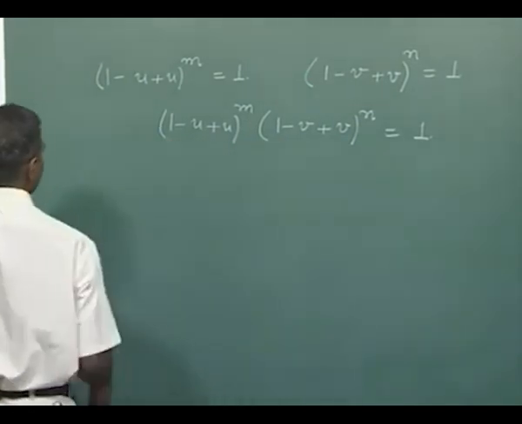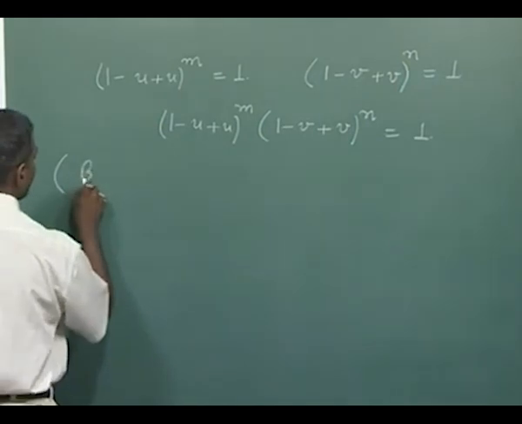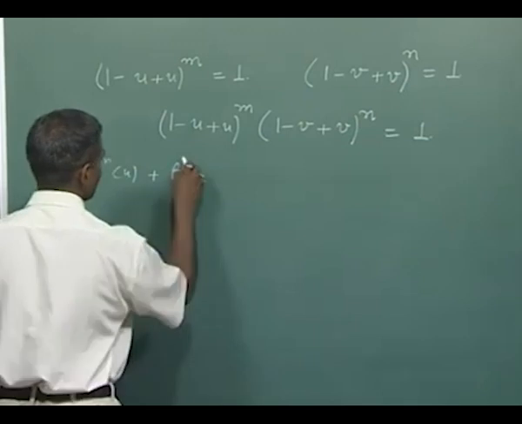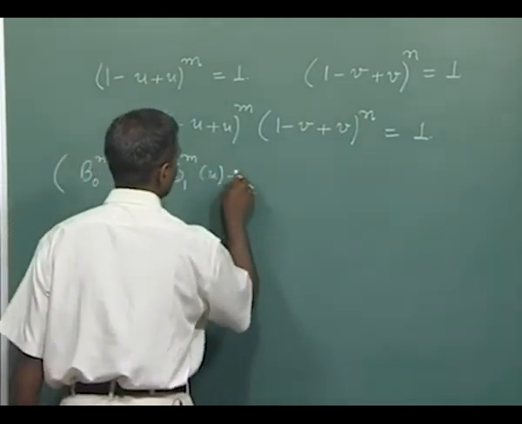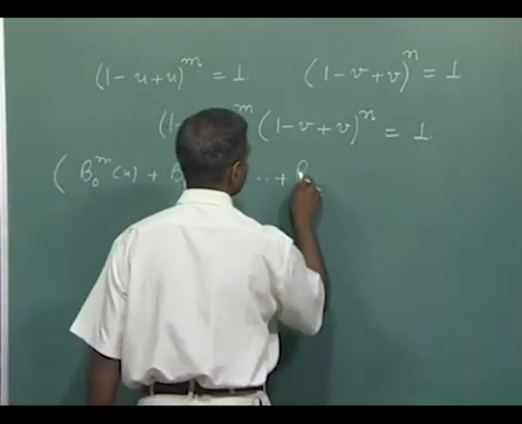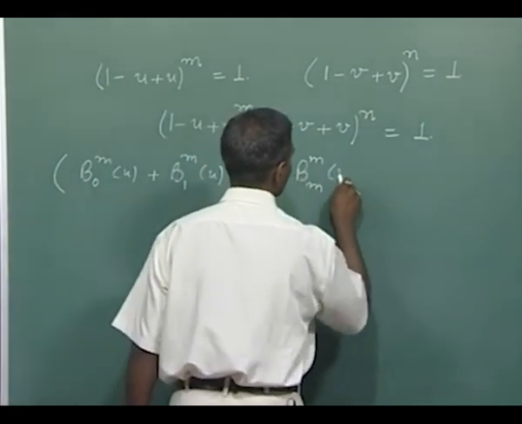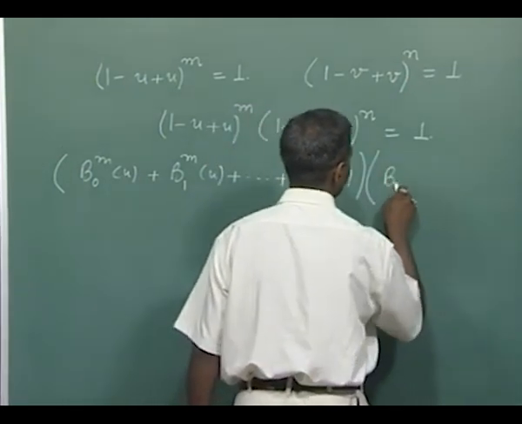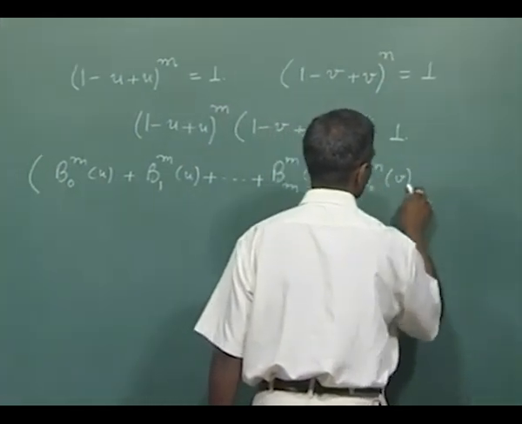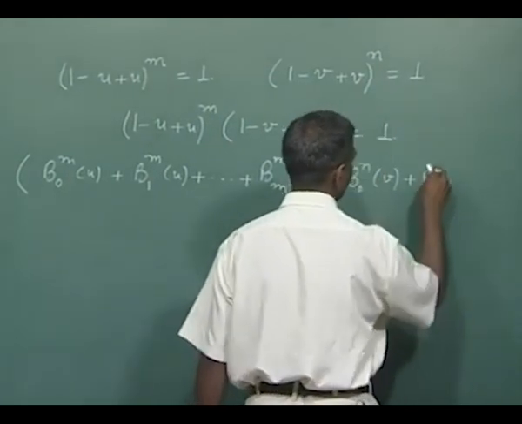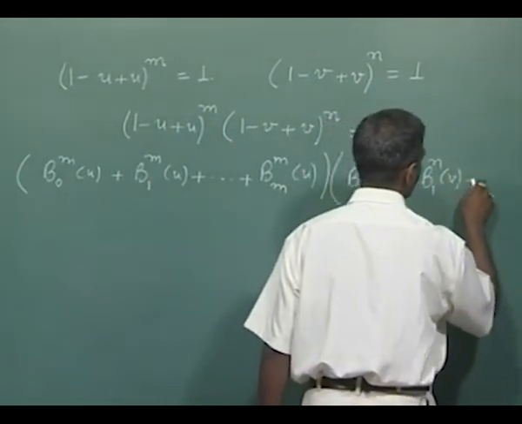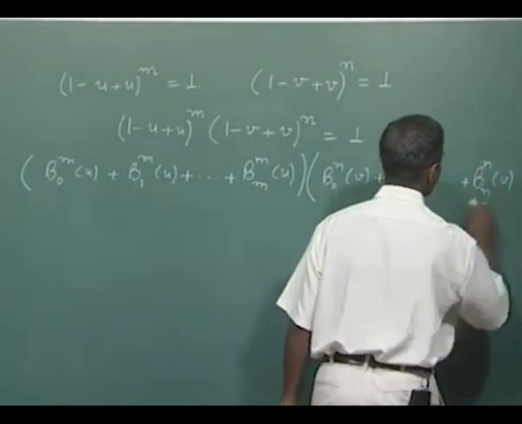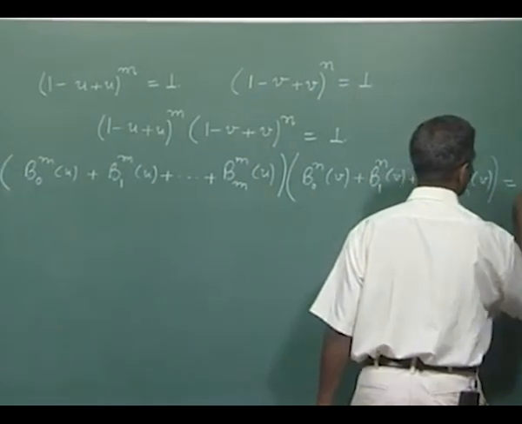So for the first case, we have B_0^m(u) plus B_1^m(u) up till B_m^m(u), times B_0^n(v) plus B_1^n(v) up till B_n^n(v), equals 1.